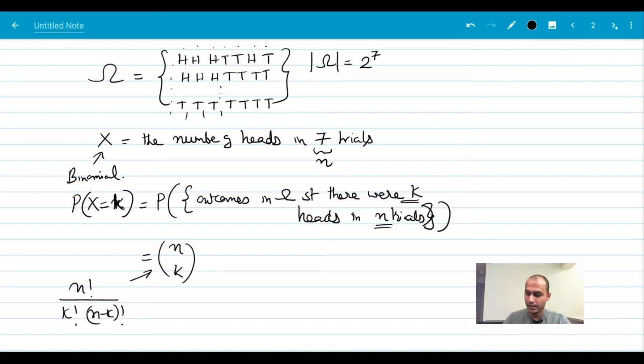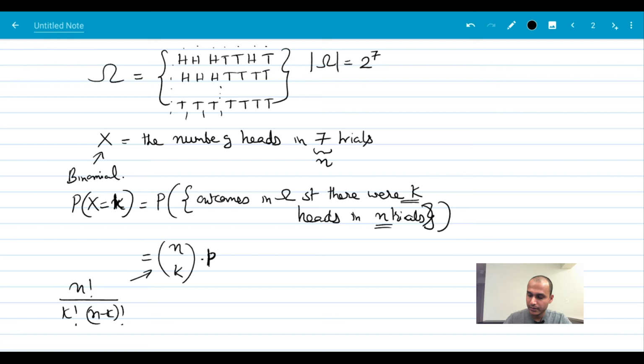Once you do this, then in each such outcome where there were k heads, let's say the first k trials were heads in that outcome. For the first k trials to be heads, you have to multiply the probability of being a head. Maybe it's a coin, maybe it's fair, maybe it's not, let's call that number little p.